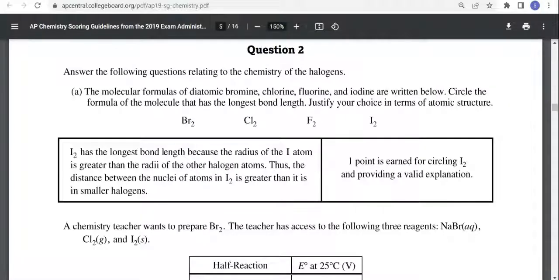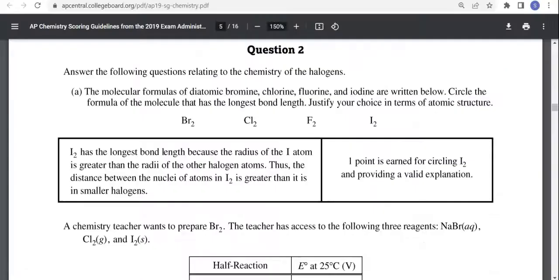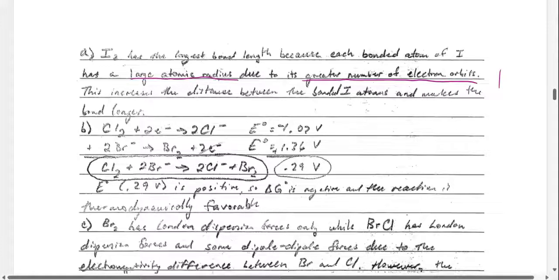There are little things I can nitpick with the answer, but when it's just 0 or 1 point, it doesn't have to be completely perfect. As long as you pick the correct one and then you give an explanation that's on the right track, even if some of the wording is not perfect, I'm going to give you full credit. And that's kind of how most of these go, especially if they're just 1-pointers.